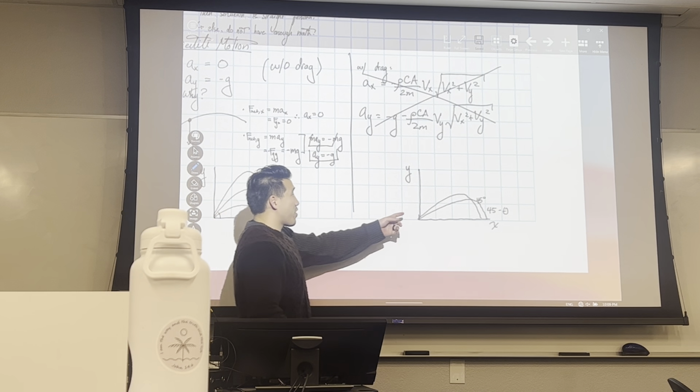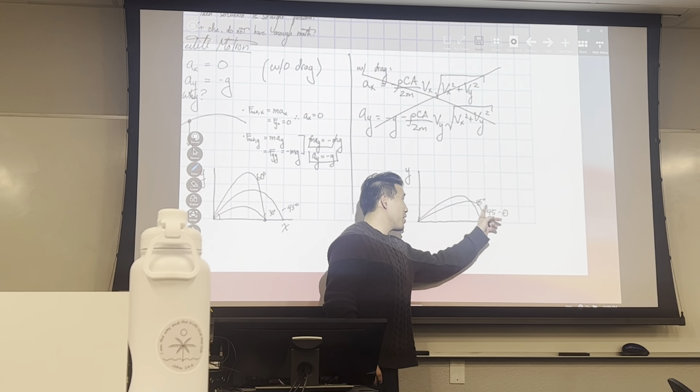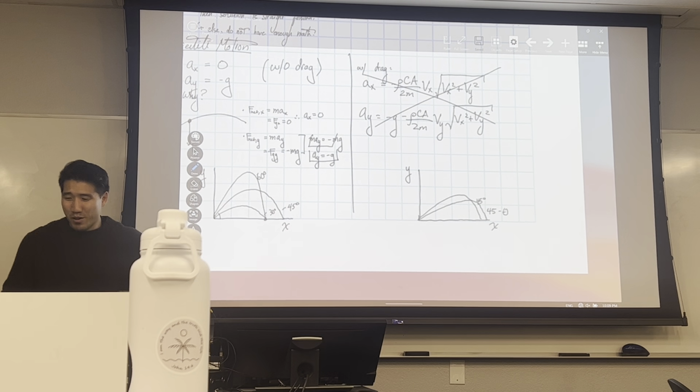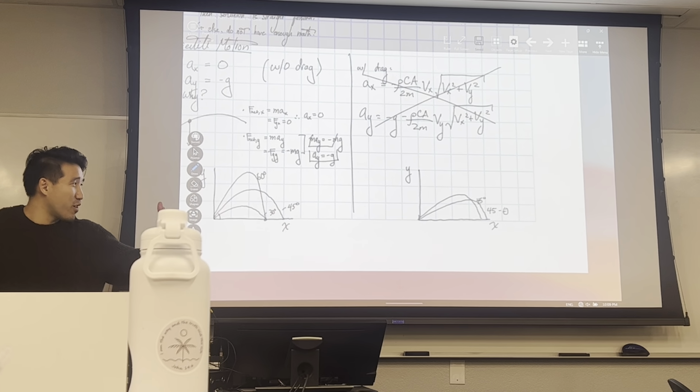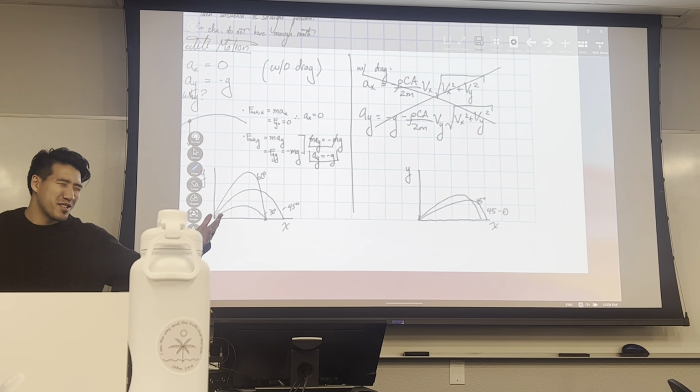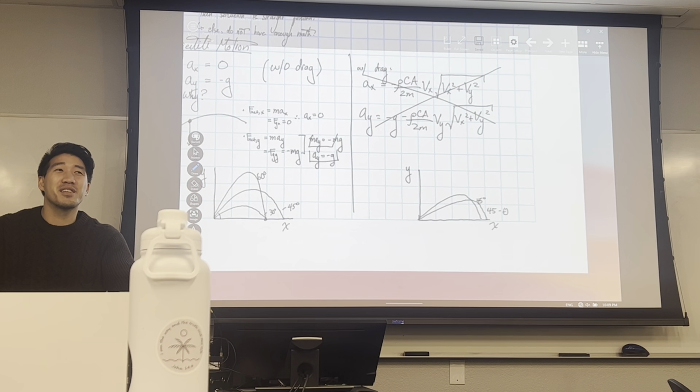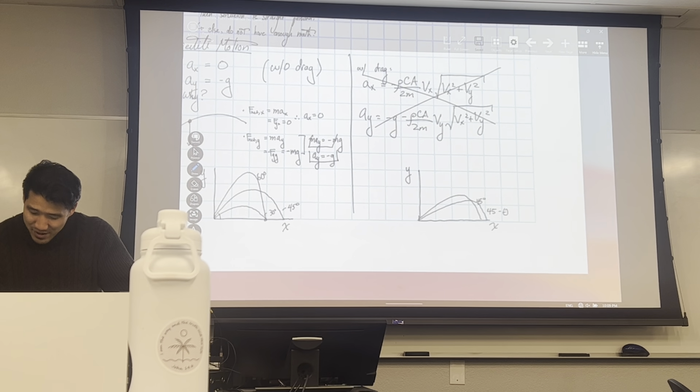Now, if you were to throw it higher than 45 degrees by the same amount of theta, do you guys think it will go further or closer than the 45-degree mark? Why closer? Yep, that's correct. It'll do something that looks kind of like this.